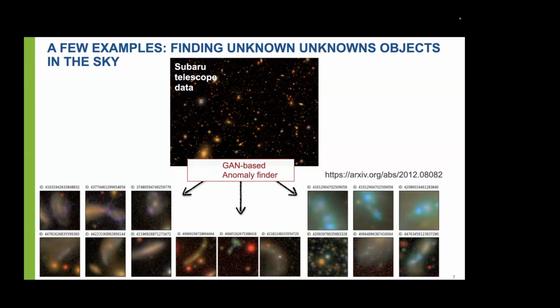All the bottom panels are unusual galaxy images that were seen from actual telescope data. In fact, some of these galaxies were so interesting that a different telescope survey might actually go back and look closely into those galaxies and see if there is something curious going on, something interesting that is causing them to be that different from others. So that's anomaly finding, a very useful tool in many scientific research.